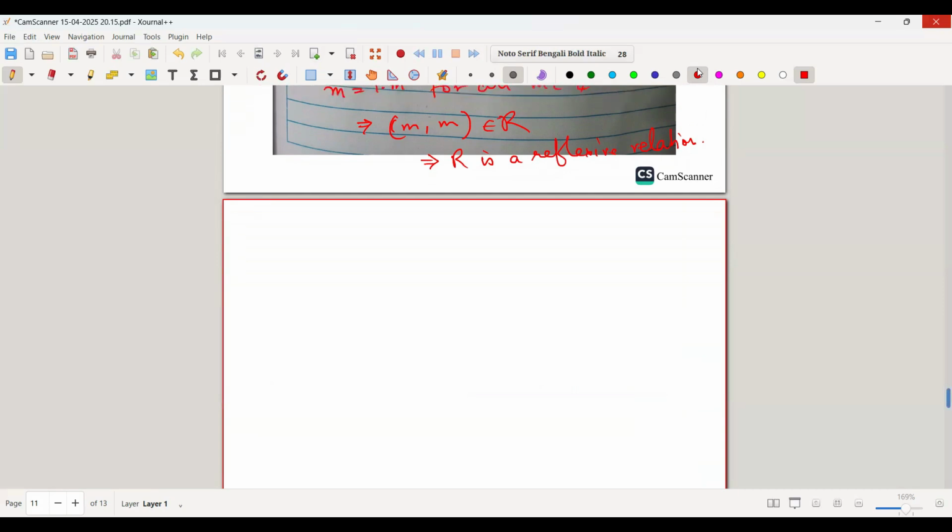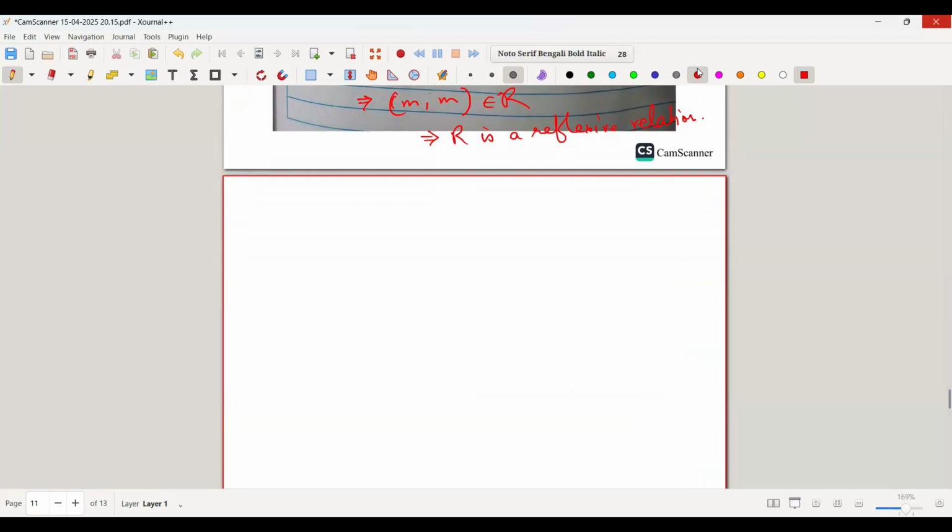Okay. So for transitiveness, let us take m equal to nq. This is the quotient. That means (m, n) belongs to R, and (n, p) belongs to R. That implies m equal to nq, and also n equal to pr.